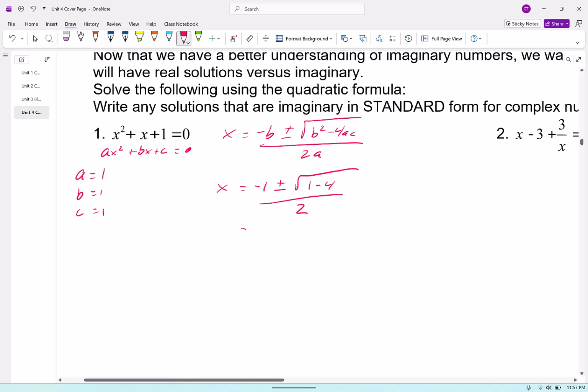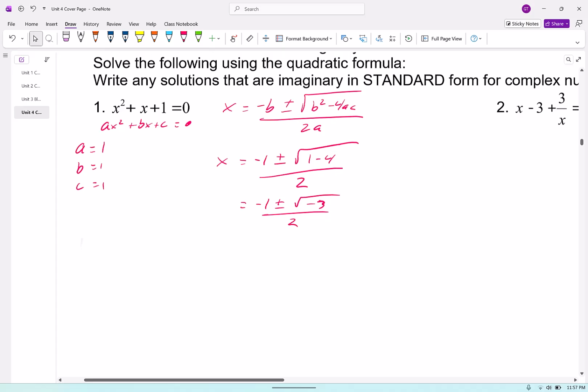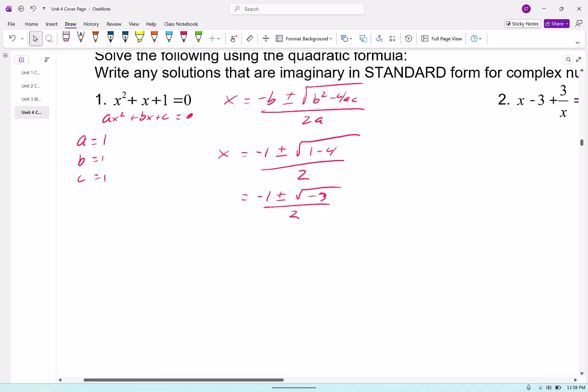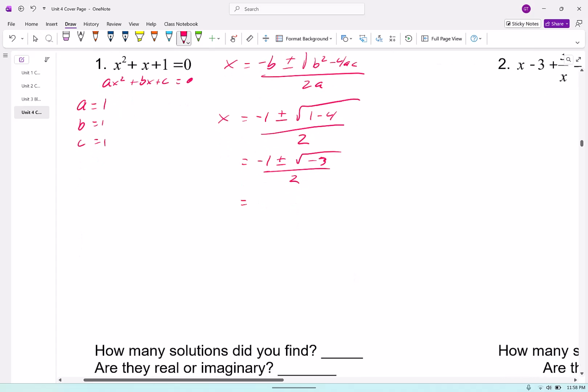Okay? So I ended up with negative 1 plus or minus square root of negative 3 over 2. All right. So if I simplify this a little bit, I would get negative 1 half, rather, plus or minus the square root of negative 3 over 2.